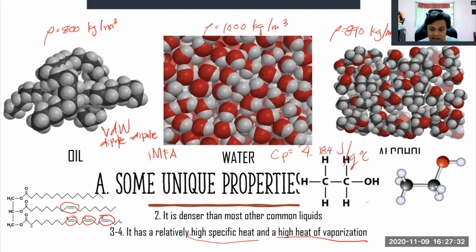This is how much heat you have to apply to 1 gram of water to raise its temperature by 1 degree Celsius. You have to input this amount of energy, 4.184 joules or 1 calorie per gram per degree Celsius.